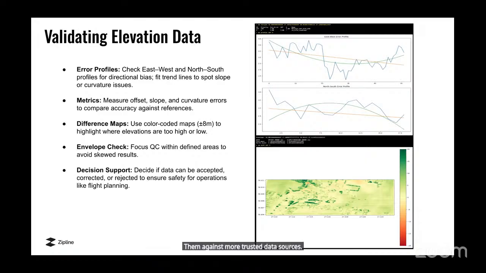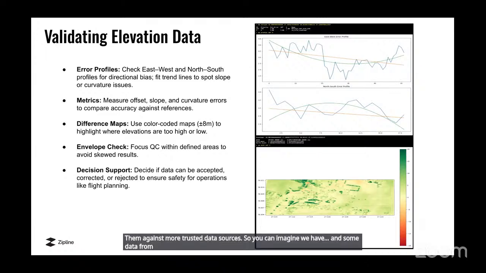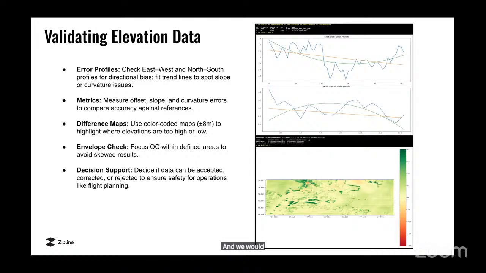So you can imagine we have some data from a health facility that we have surveyed, and we would compare the elevation map against maybe an RTK GPS collection. And once the heights from both data sets agree, then it will be okay, good enough.